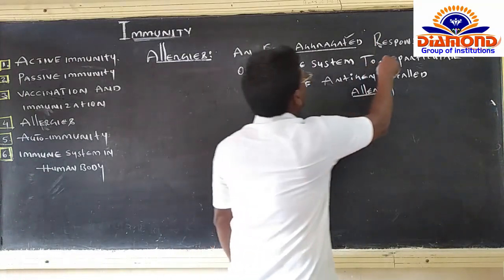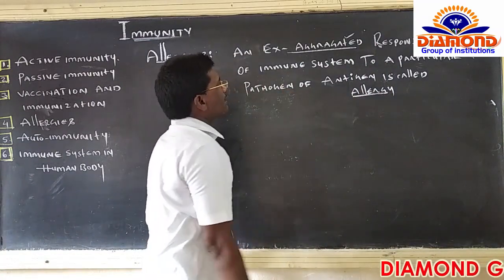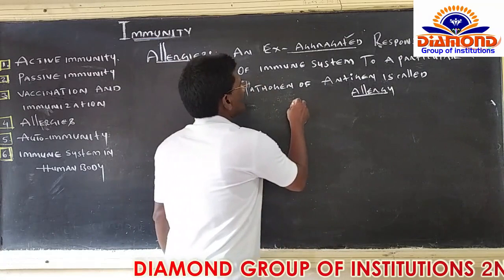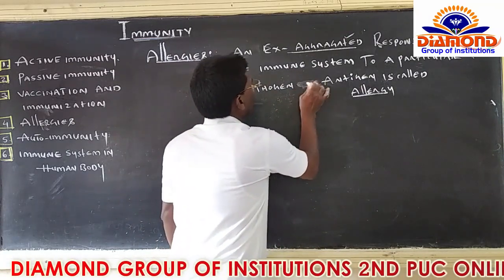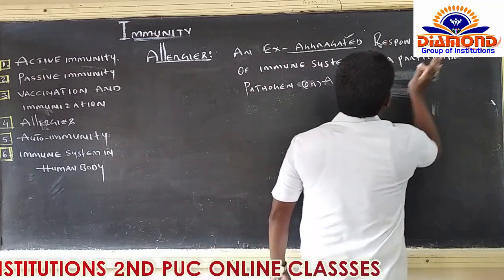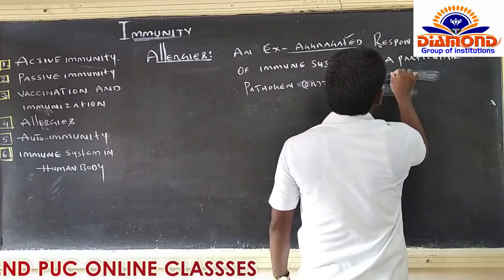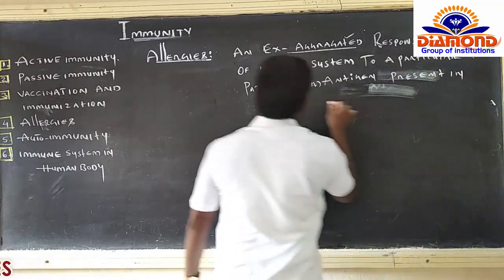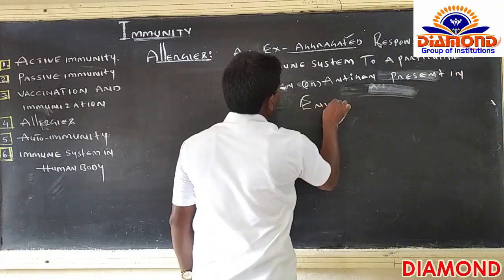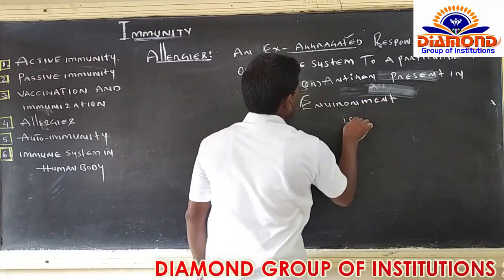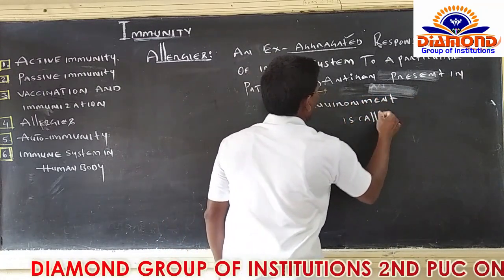An exaggerated response of the immune system to a particular pathogen or antigen which is present in the environment is called allergy.